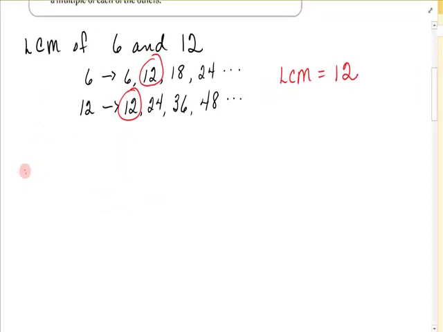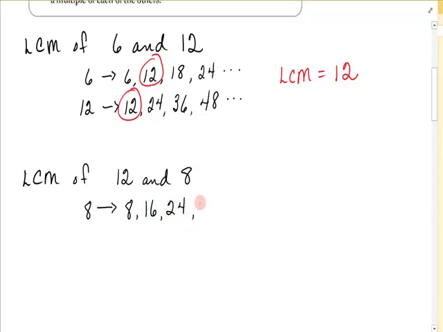Let's take a look at trying to find the least common multiple of 12 and 8. All right, let's start with the small one in this case. Let's look at 8. The multiples of 8, 8 times 1 is 8, 8 times 2 is 16, 8 times 3 is 24, 8 times 4 is 32, and once again I'm not quite sure if I've written enough, but I've got the first four multiples of 8.